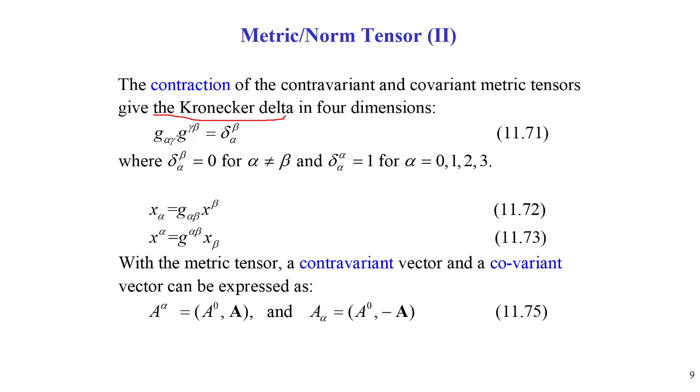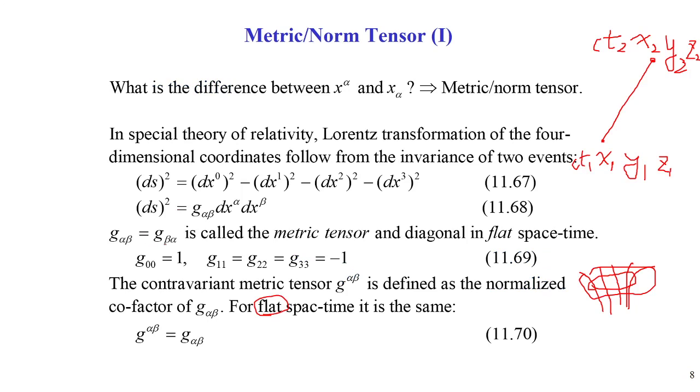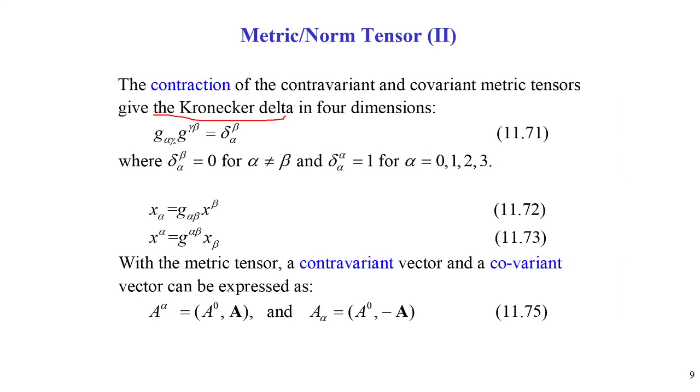That is Einstein's summation notation. Sum over gamma. Gamma runs from 0, 1, 2, 3. And G beta gamma is the same as this one, no difference. Alpha gamma, gamma alpha, the same.